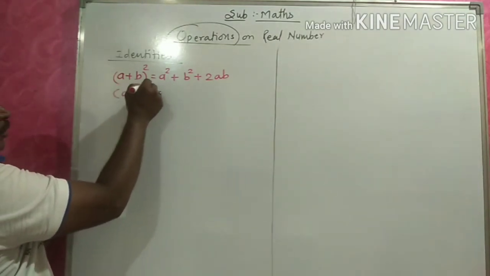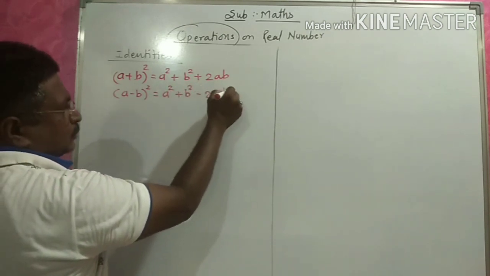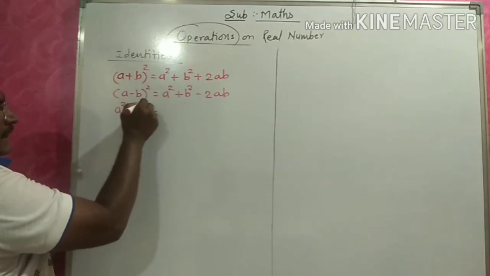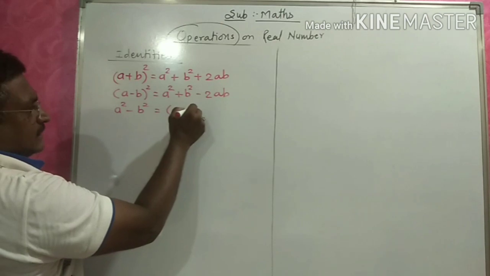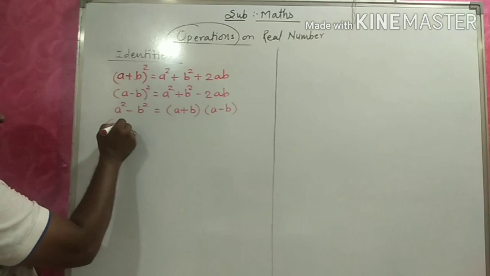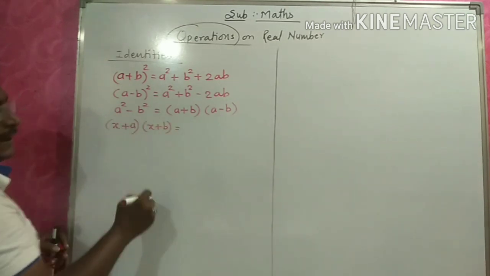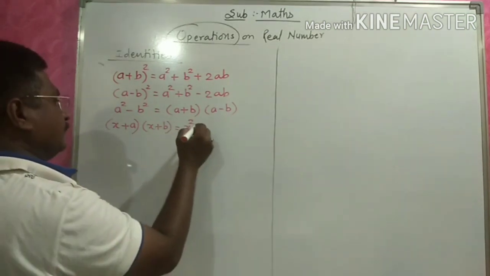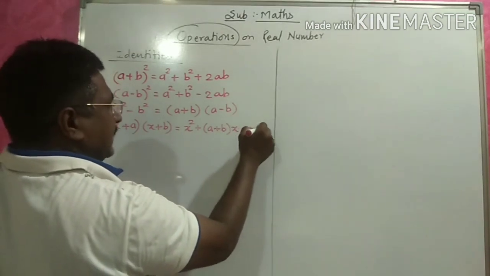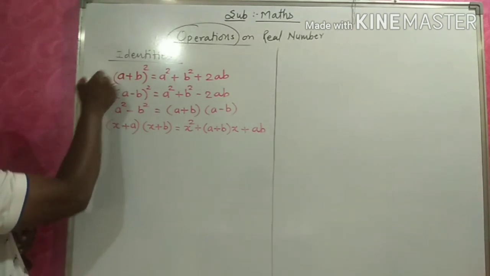(A minus B) whole square equals A square plus B square minus 2AB. Then A square minus B square equals (A plus B)(A minus B). Then (X plus A)(X plus B) equals X square plus (A plus B)X plus AB. These 4 identities we studied in the lower class.